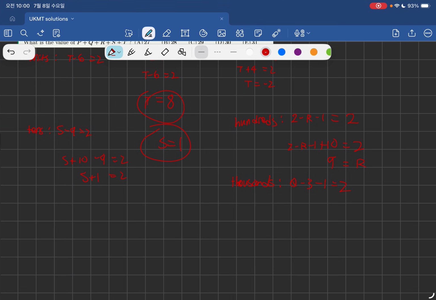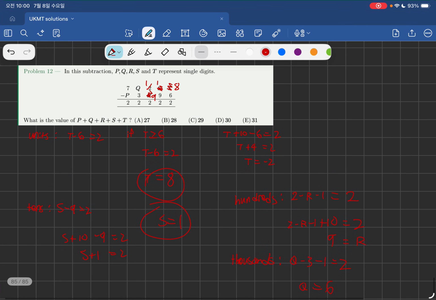This is the same as Q equals 6. And if we borrow instead, we have Q plus 10 minus 3 minus 1 equals 2, and then Q becomes negative 4, so it is invalid. So we don't have to borrow for the thousands column.